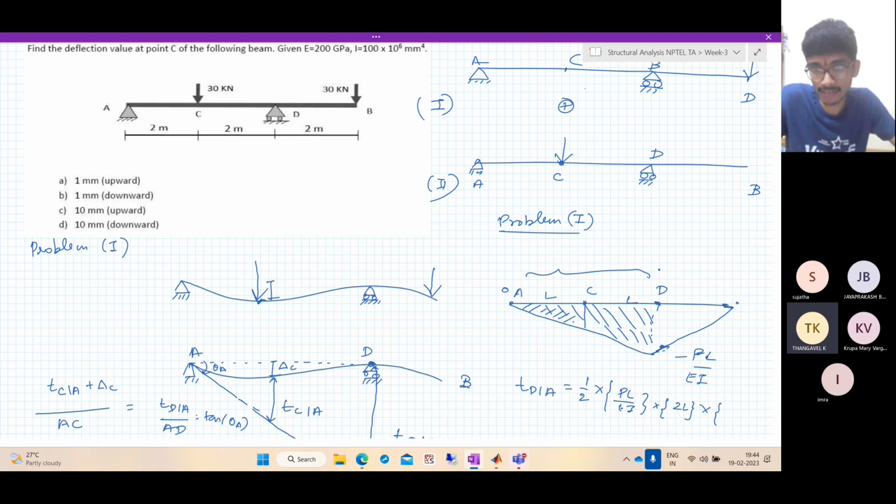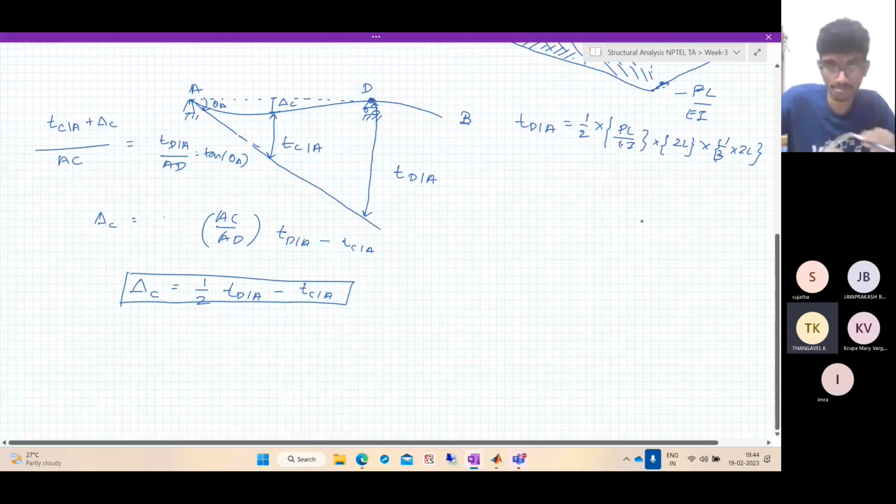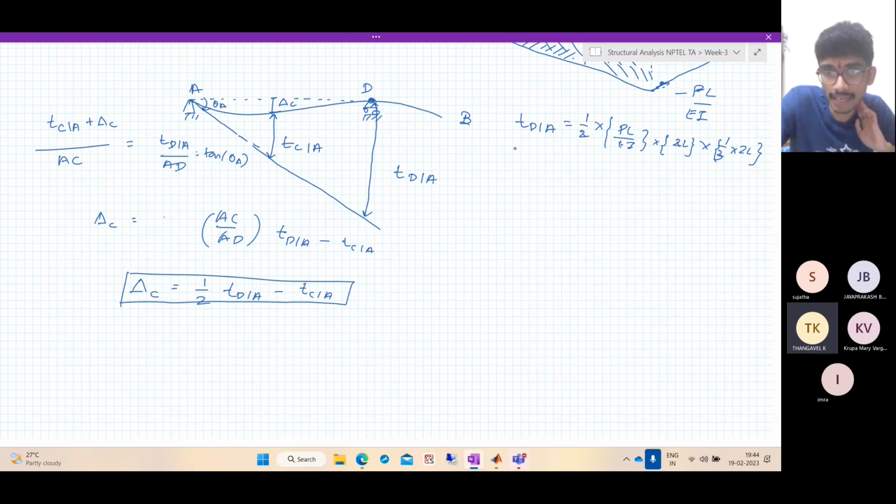And where does it act? TD with respect to A, moment should be taken about the point D. So from here it is 1/3 of 2L. The 2s cancel. We get TD with respect to A as 2PL cubed by 3EI.